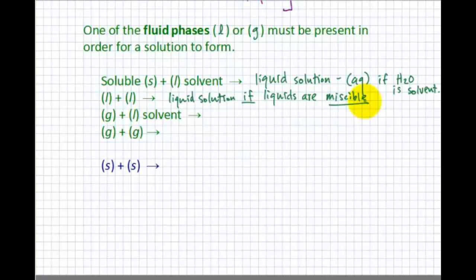Water and ethanol, one of the alcohols, are miscible. So you can make a mixture of water and ethanol at any proportion. You could have 5% ethanol or 50 or 80 or 90%, and it'll all mix together and make a nice solution. Not all liquids are miscible, and we'll talk about that more on the next page. Gases are able to dissolve in liquids, again, making a liquid solution.